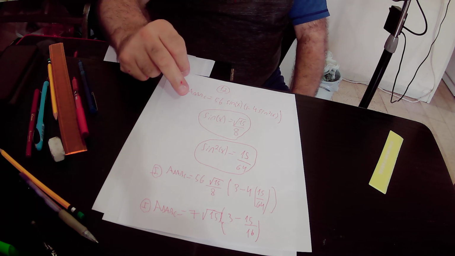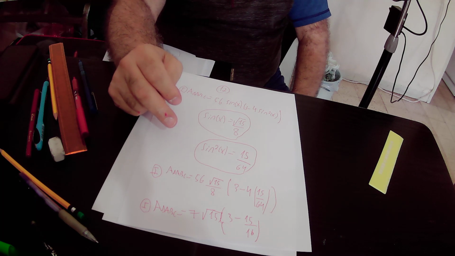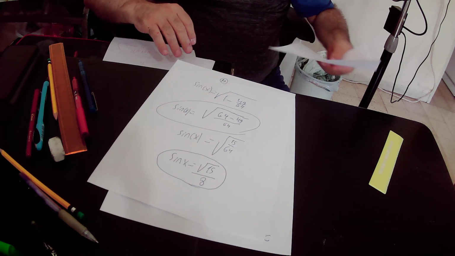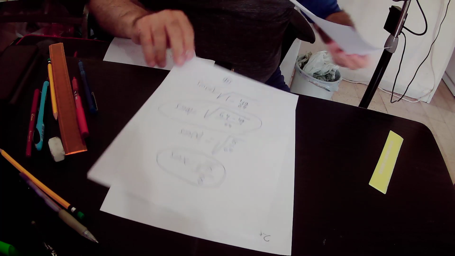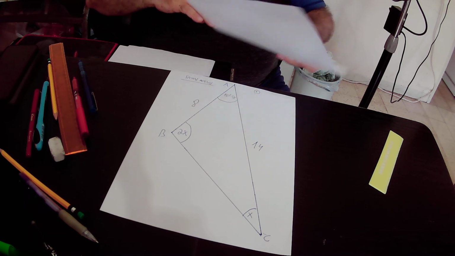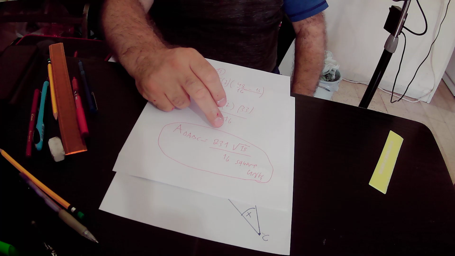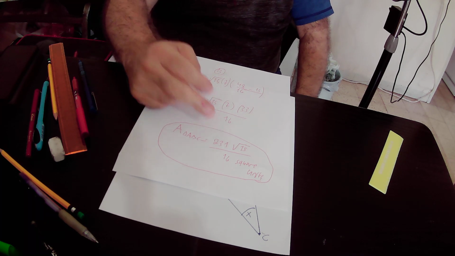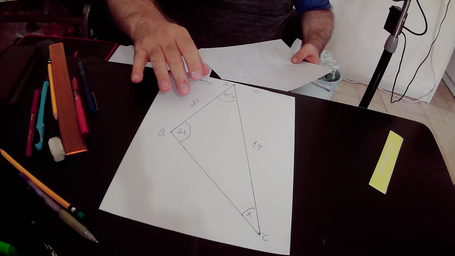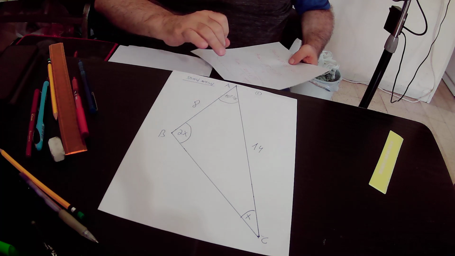So we substituted those two expressions, and we got that the area of triangle ABC equals 231 times root 15 over 16 square units. Again, the area of this triangle ABC equals 231 times root 15 over 16 square units.